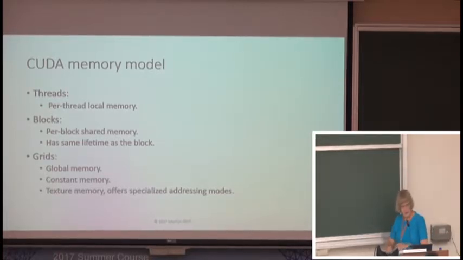The grid is the highest level of abstraction. Remember, that's the set of blocks. There's a global memory, a constant memory, and also the texture memory, which has some fancy addressing modes.